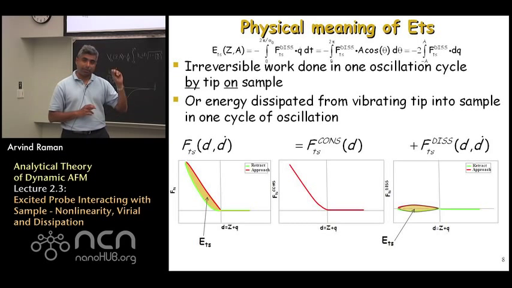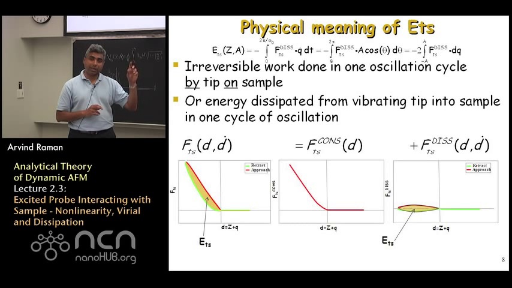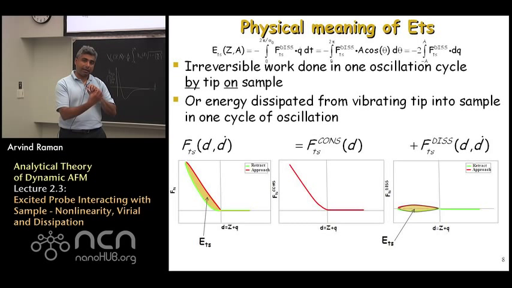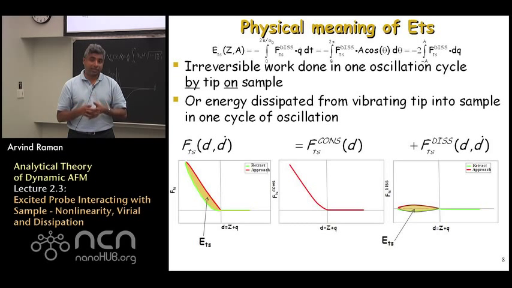The integral on the very top is actually going to be 2 times the integral from minus a to plus a, which means that it represents the dissipative interaction force times dq moving forward plus moving backwards, which basically means it is the area between the forward and backward force versus d curves shown in the bottom right. As a result, what you're measuring in E sub ts is the energy lost to the sample during one cycle of oscillation.